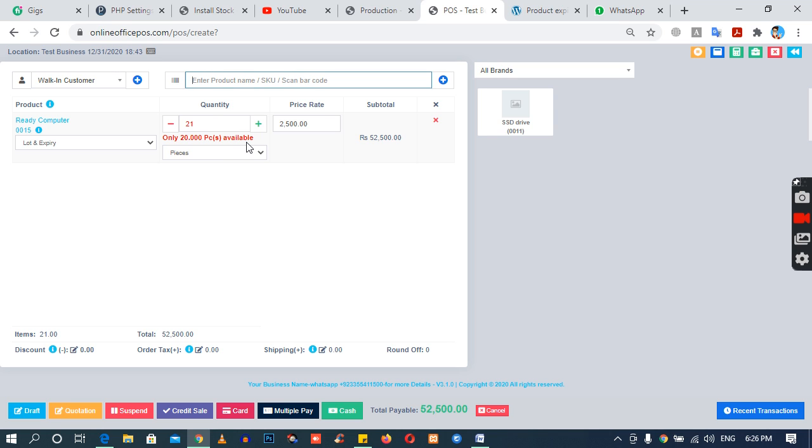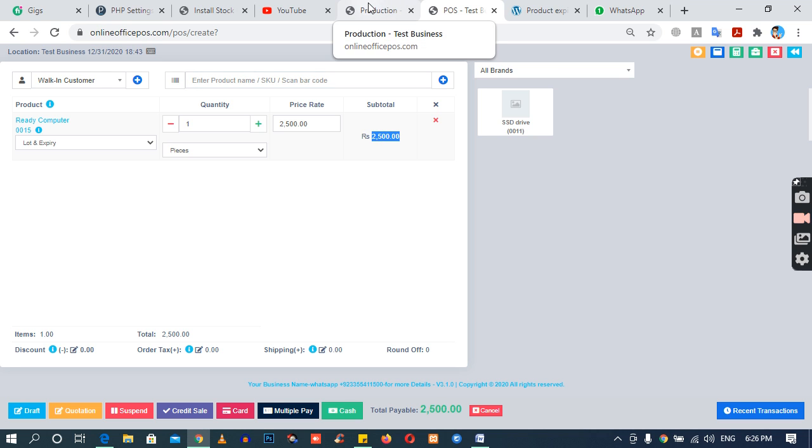So we created a lot of 20 pieces. I am selling this at 2,500 rupees one piece. Okay, so I can sell it easily, and it will reduce all the stock.